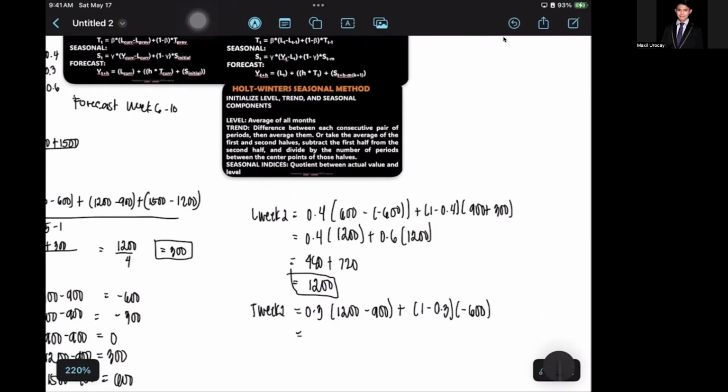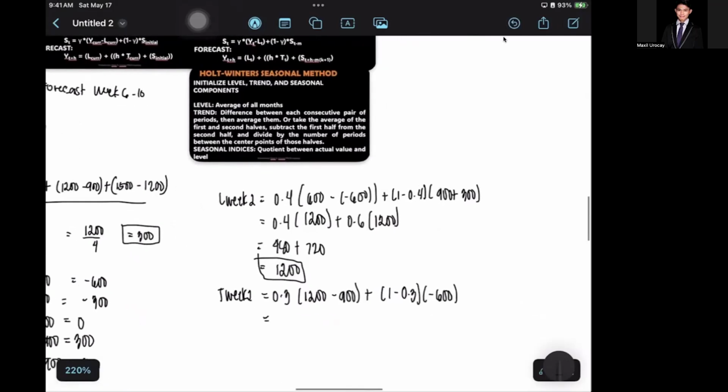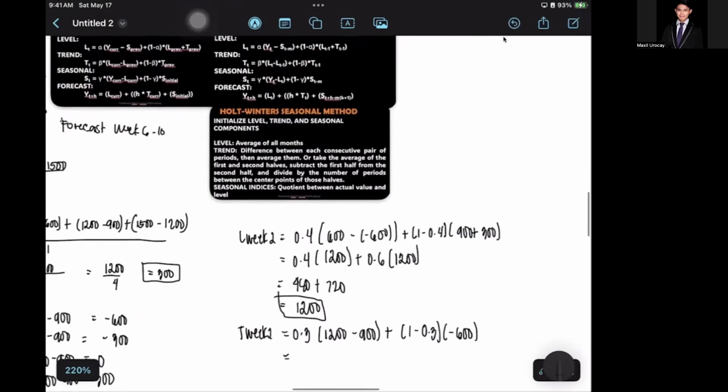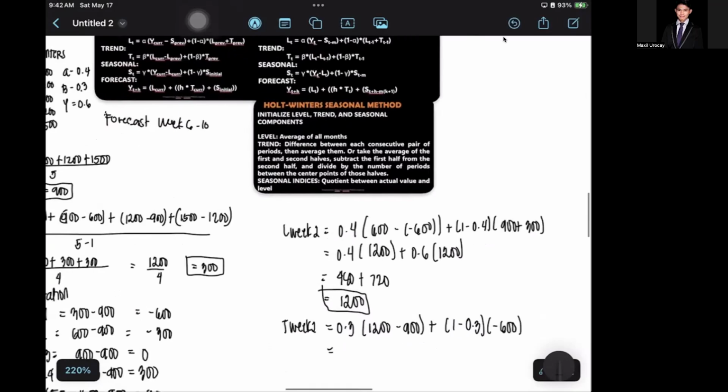And afterwards, 0.3. No. The previous trend is not negative 600.